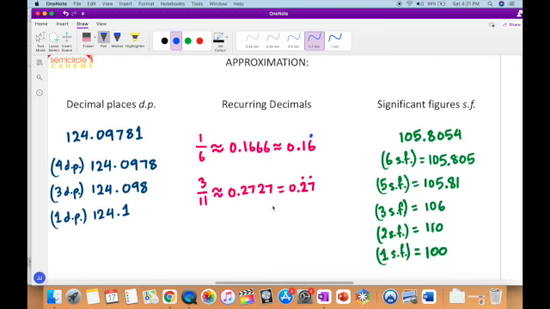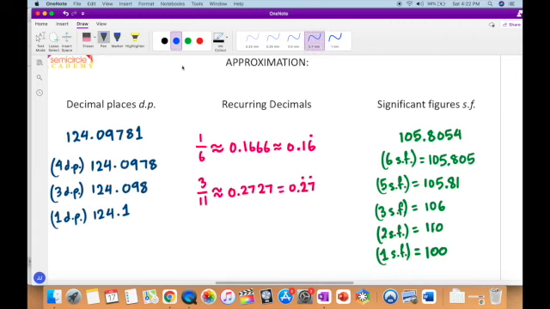But if we look at this example, 3/11 is approximately equal to 0.27272727 to infinity. So we can see that both the 2 and the 7 are repeating, so we put the dots over both of them, 2 and 7. Nice? So that the 2 and 7 will repeat.